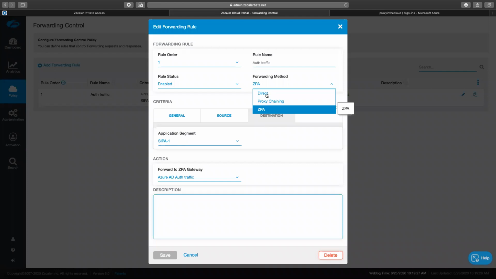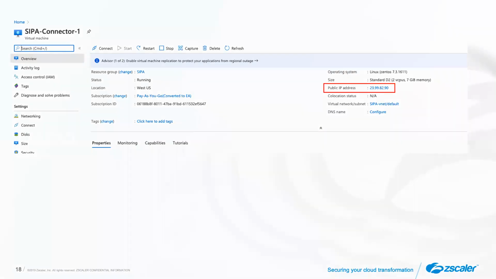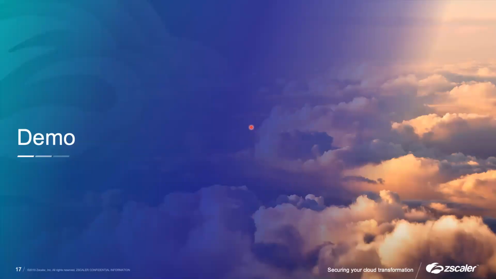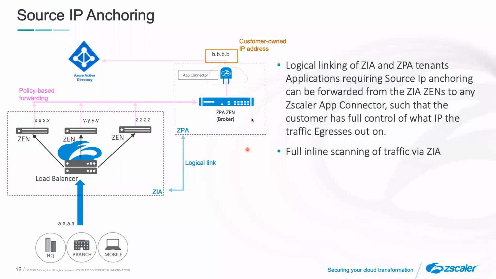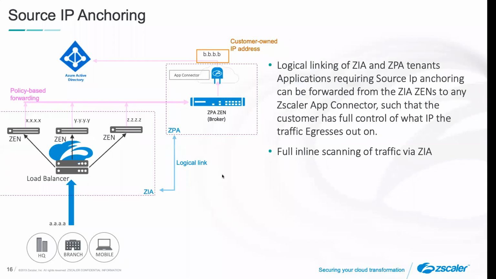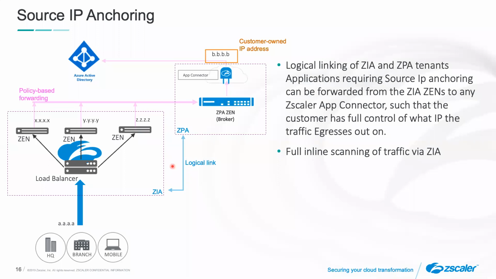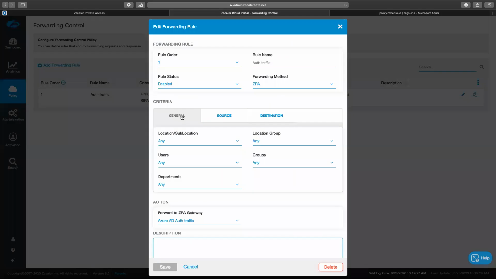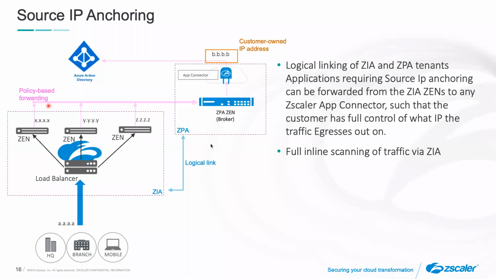We also have proxy chaining and direct, but we won't talk about that since here we are just talking about ZPA, source IP anchoring. So what this policy is basically doing is, if I go back to my slide, the one that explained everything, this is this logical link. And these policies are telling the Zen which traffic needs to be forwarded to ZPA.